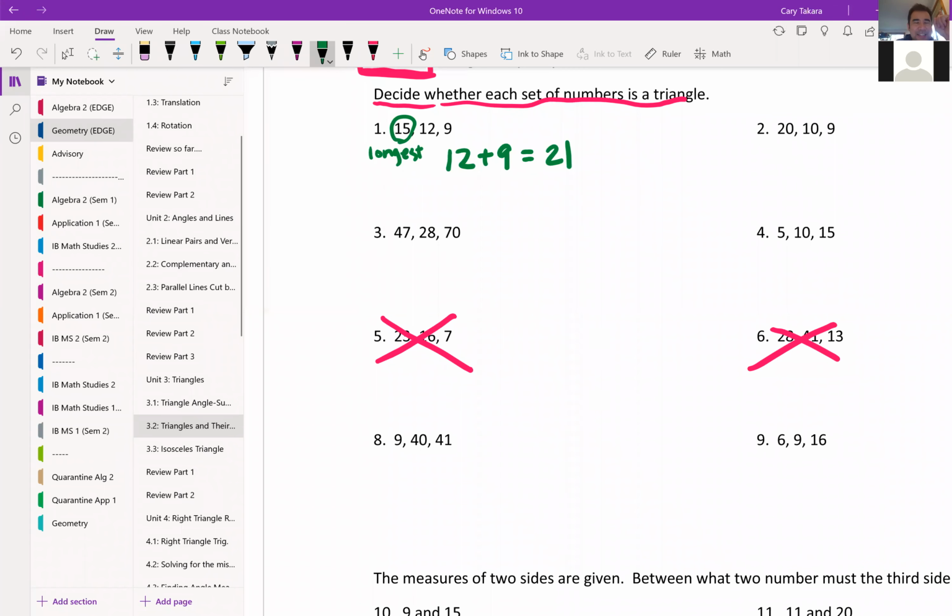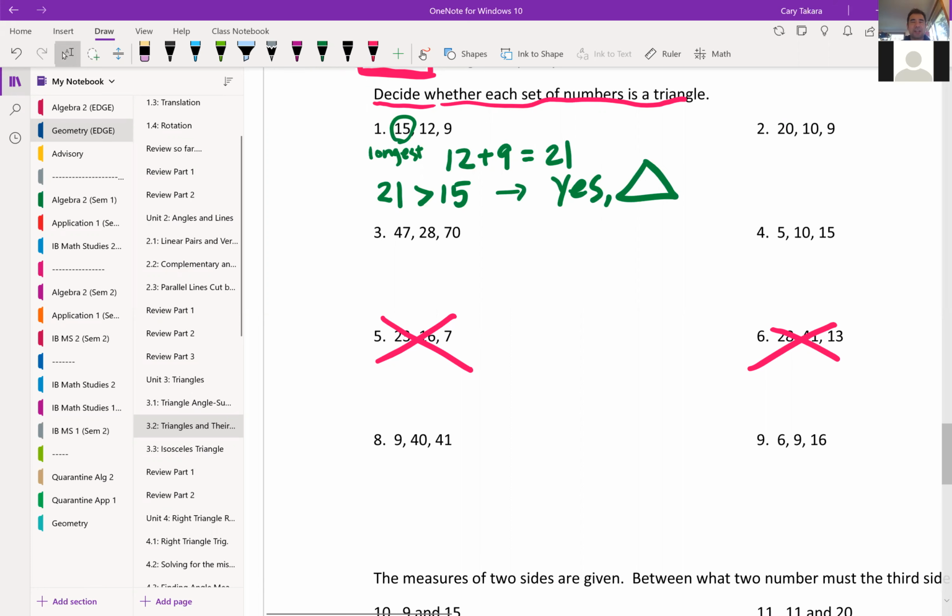Now, is 21 bigger than the longest side? Is the sum of the 2 shorter sides bigger than the longest side? Yes. 21 is bigger than the longest side. So the answer is yes.